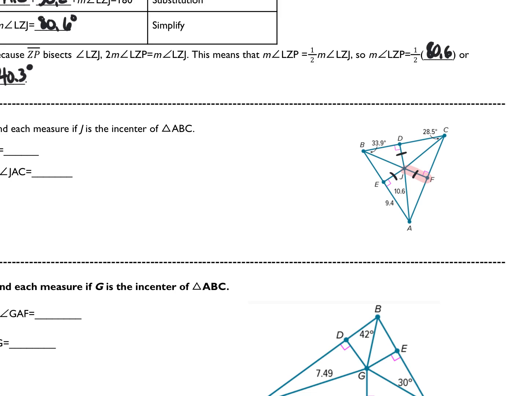Well, I could actually figure out JE pretty easily using the Pythagorean theorem, because I know that JE squared plus EA squared is going to be equal to JA squared. And I don't know anything about JE, but EA is 9.4, and JA is 10.6.